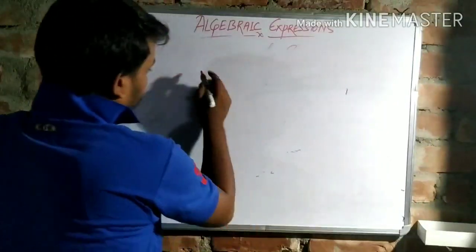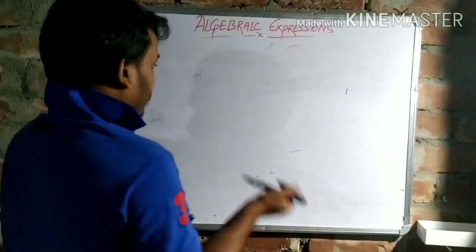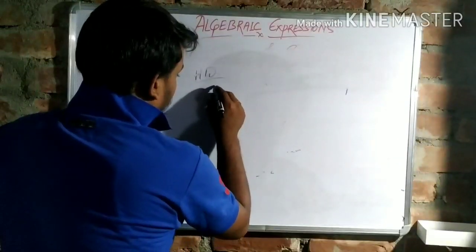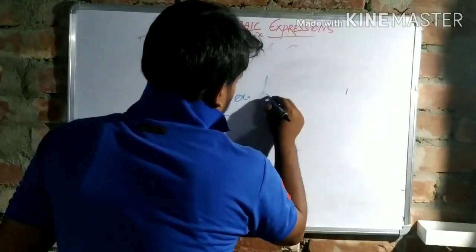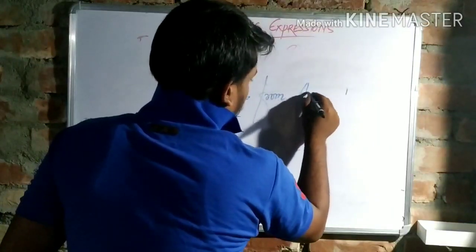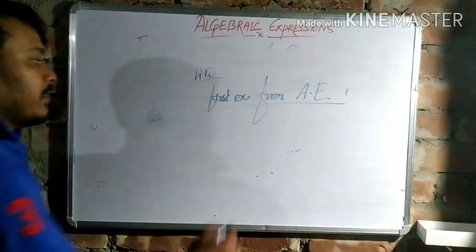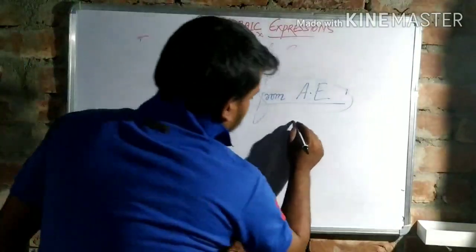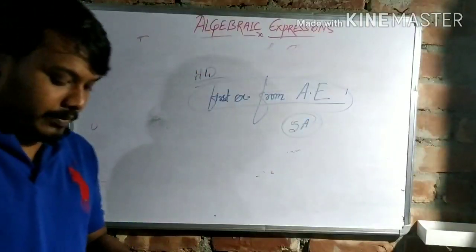So homework is the first exercise from exponent and power, algebraic expression. So homework, first exercise from algebraic expression, that means exercise 5A. Okay, tata.